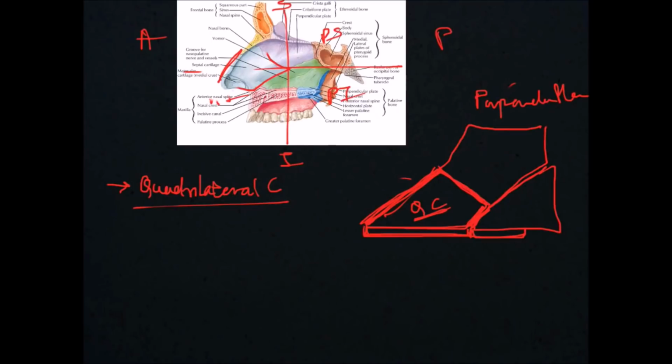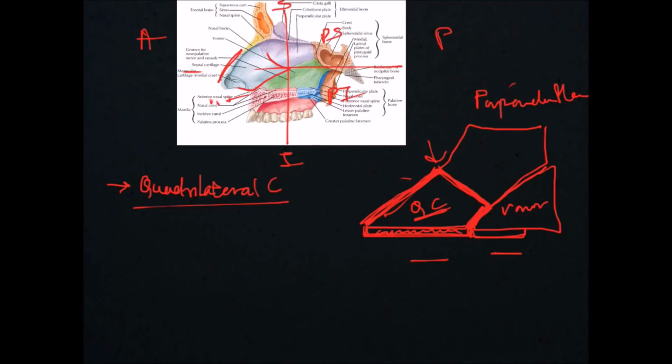The postero-superior portion articulates with the perpendicular plate of the ethmoid. The postero-inferior portion articulates with the vomer bone, and the inferior portion articulates with the nasal crest of the maxillary bone and the nasal crest of the palatine bone.